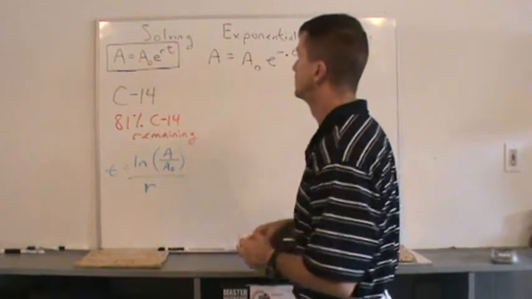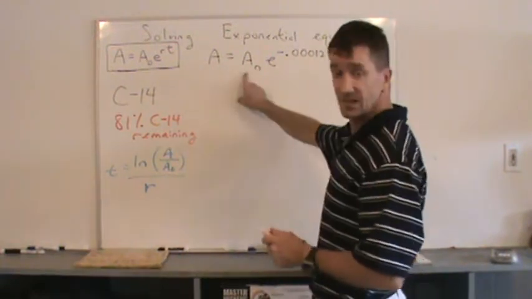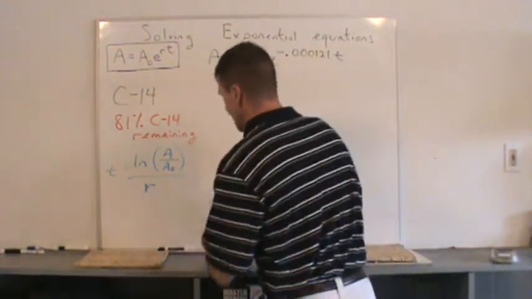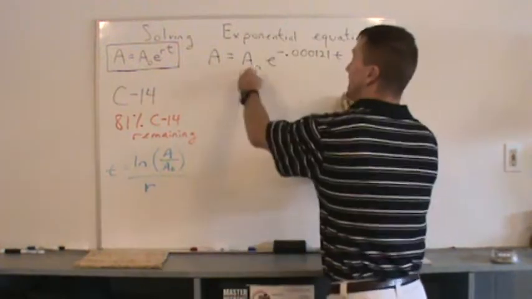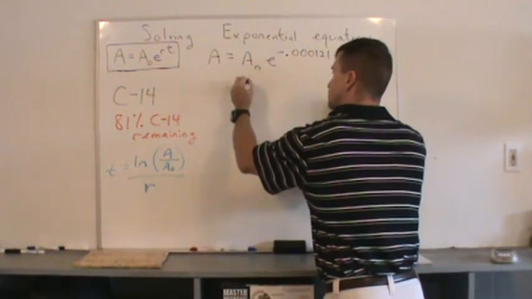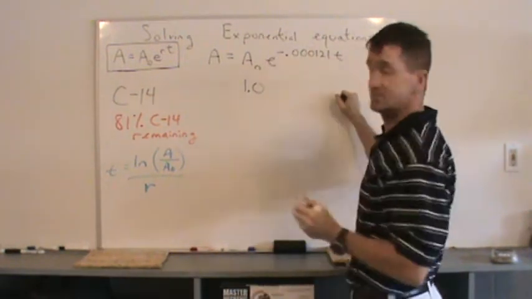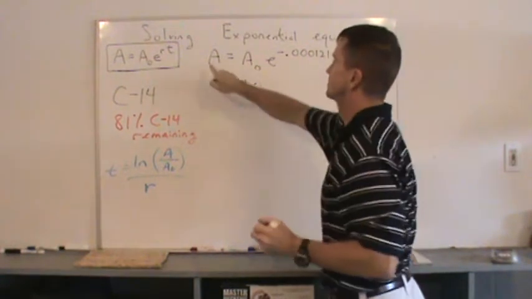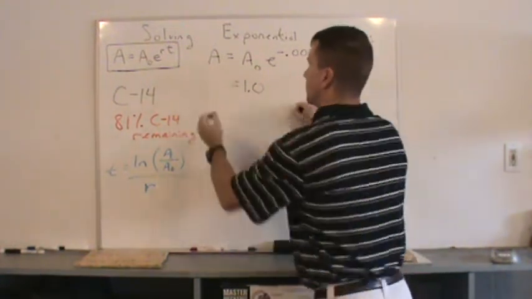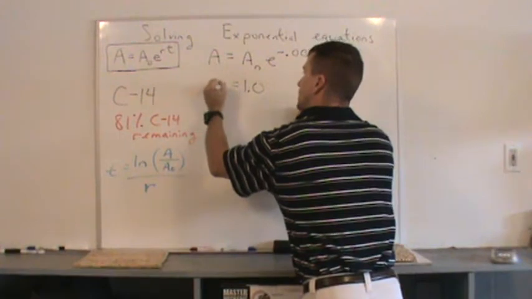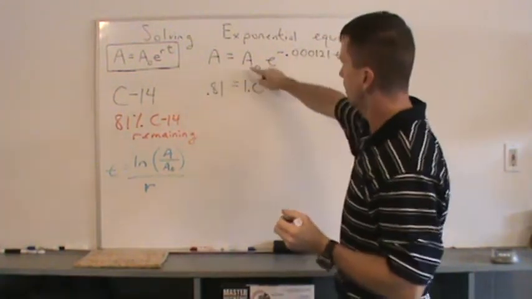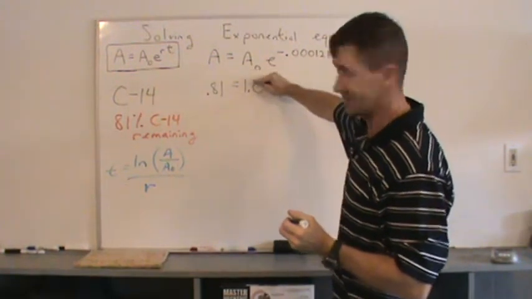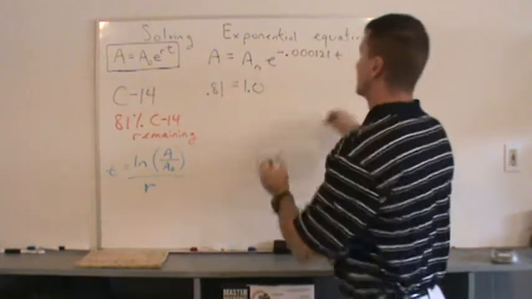So what do we do? Well, didn't it originally have 100%? So right here, the beginning amount, it had 100%, or 1.0. When we found it, it had 81%, which is 0.81. There you go. Initial amount, 100%. Final amount, 81%.